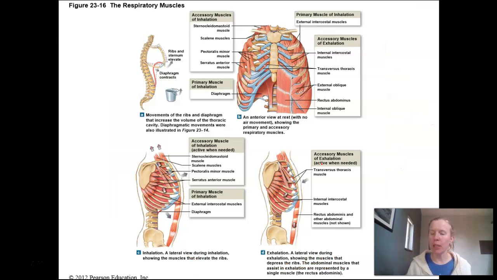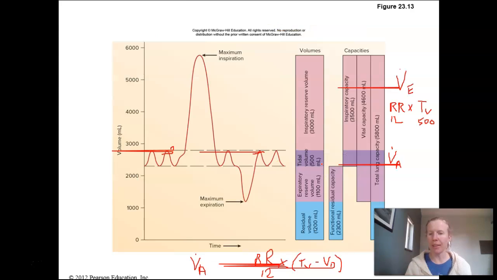One other note, as we're looking at this graph, the normal tidal volume, in and out, we would call that quiet breathing, rather than the forced breathing that you see in the maximum inspiration and expiration.